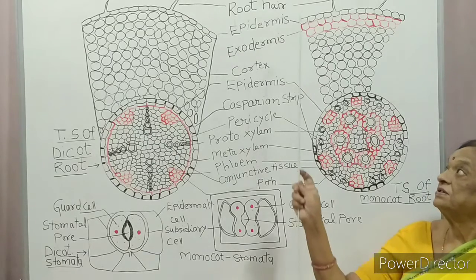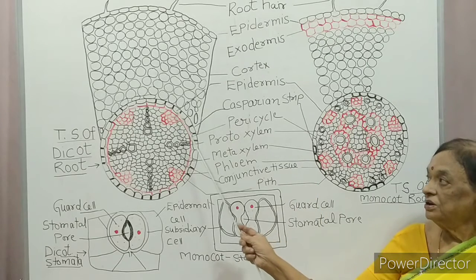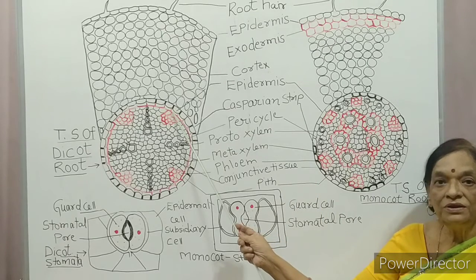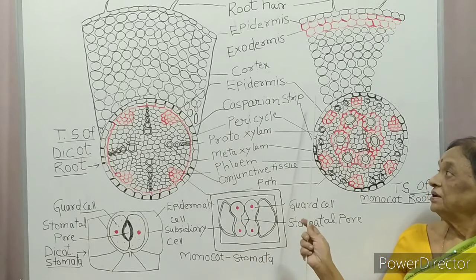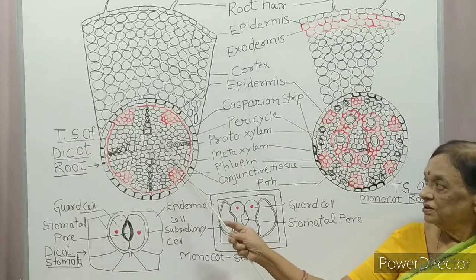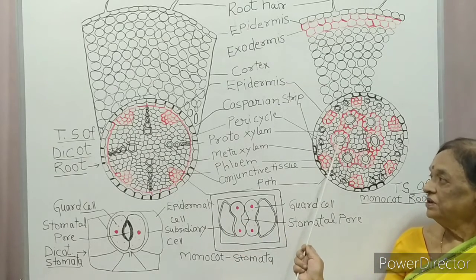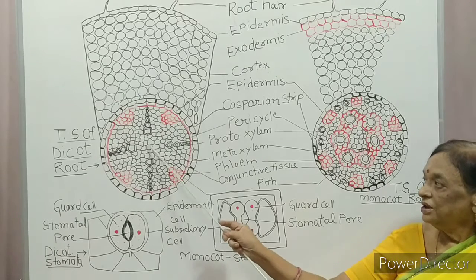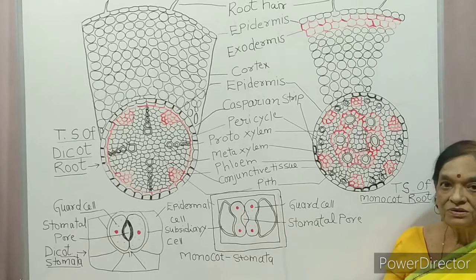Which are the differences? Here exodermis present. Endodermis has only radial wall having thickening. Here radial and inner wall. Xylem is linear. Xylem is V-shaped. Then pith is small. Pith is large.